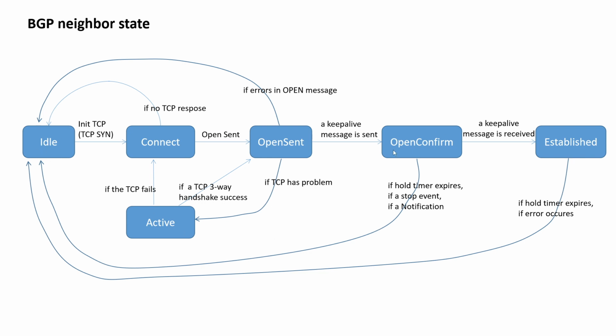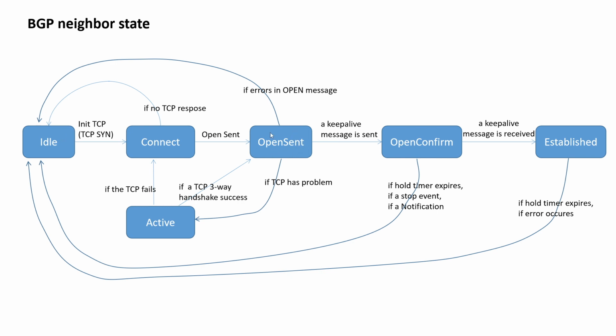If in open confirm there are issues such as the hold timer expiring, a stop event, or a notification message, the router state goes back to idle. In open sent, if there is an error in the open message, the router goes back to idle.